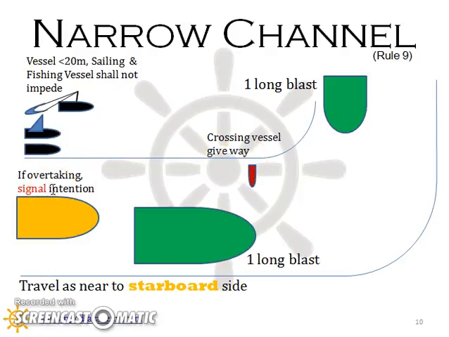There's also a rule for vessels that are less than 20 meters: sailing vessels and fishing vessels shall not impede any other vessels that are making way in this channel. And lastly, if you are overtaking, please signal your intention, and the vessel that's being overtaken should reply with one long blast.